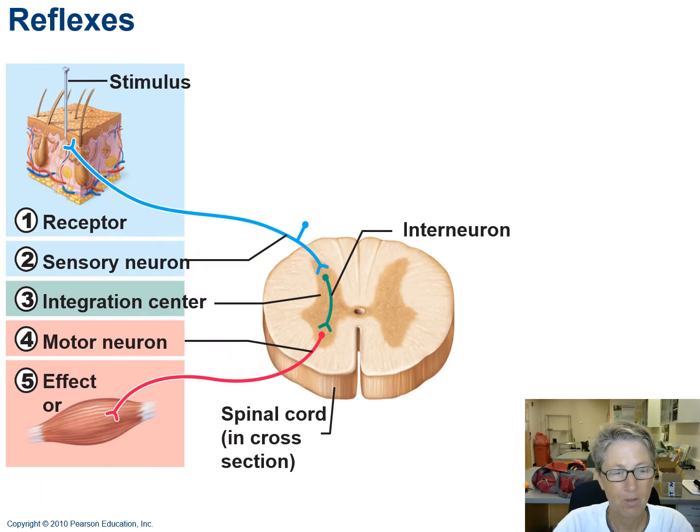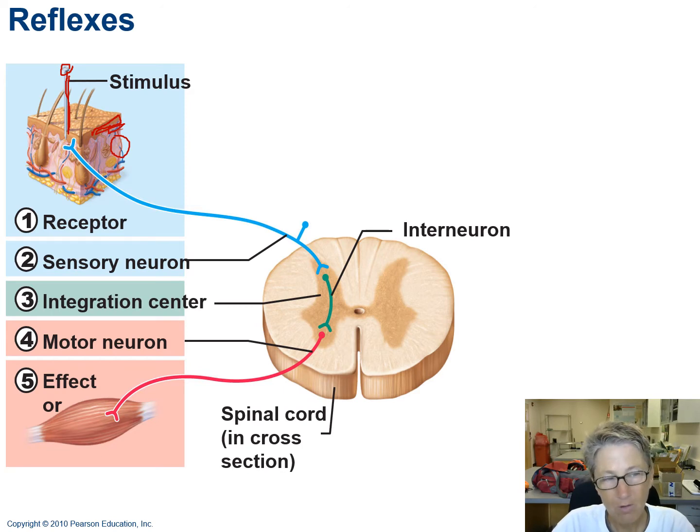So reflexes, according to your book, have 5 components. Let's look at the cartoon. That's a big nail. Here's a giant nail going into some patch of your skin. You can tell this is your skin, right? Here's the epidermis, and all this pink stuff is the dermis.